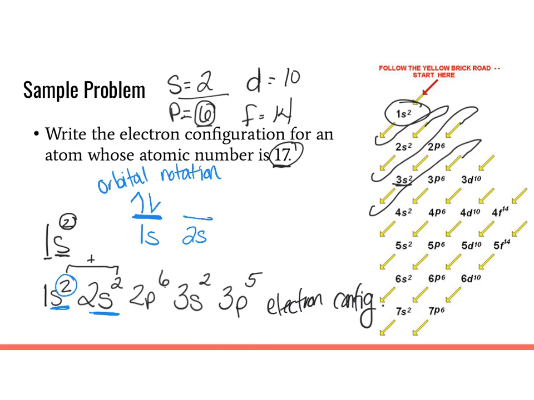Again, I know an s only has 1 orbital, but can fit 2 electrons. My next one is a 2p. 2p has 3 spots, and when I fill it, I'm going to go up, up, up. Then I'm going to go down, down, down.